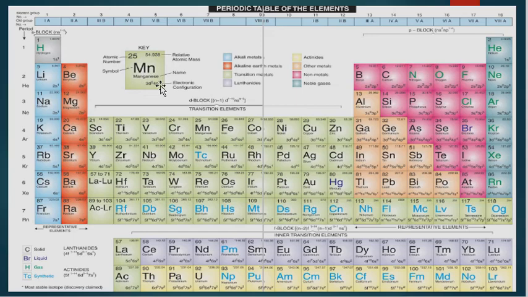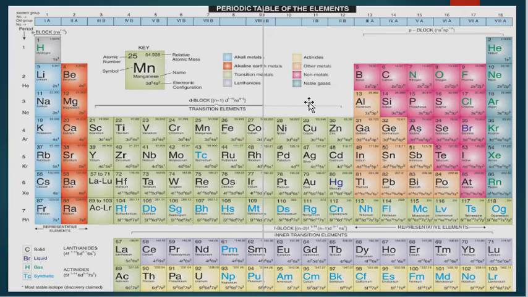So we have symbols. The symbols are formed either from the English name or the Latin or the Greek name, using the first two alphabets of the name, or sometimes not the first two but a subsequent alphabet. For example, cobalt is Co, chromium is Cr. These are the first two alphabets.